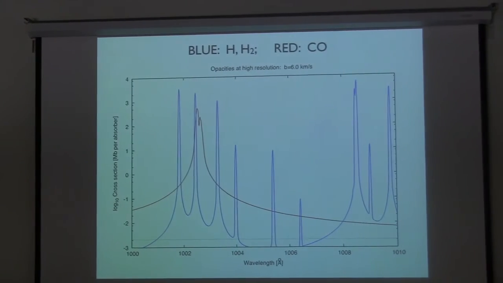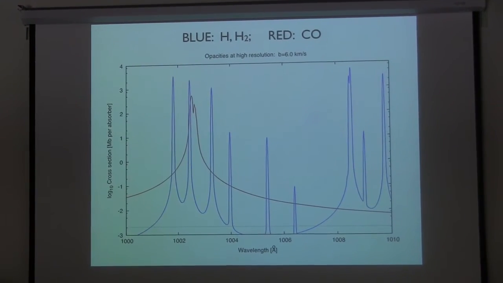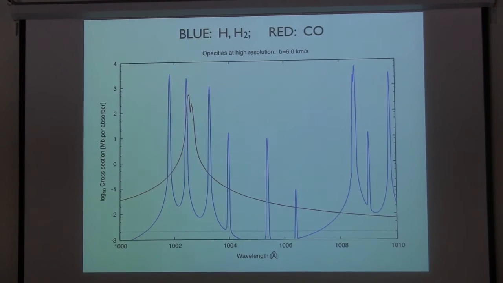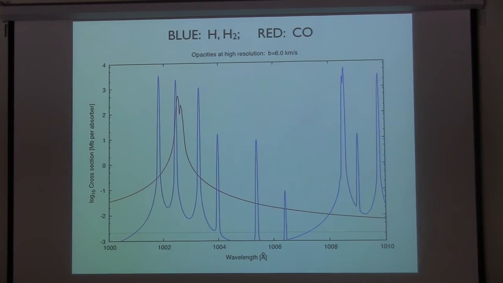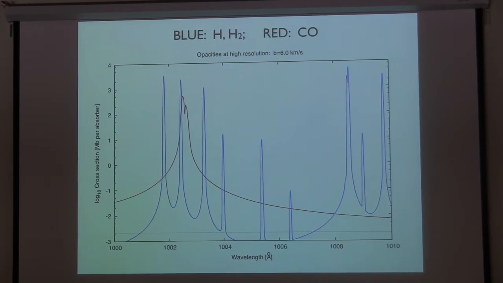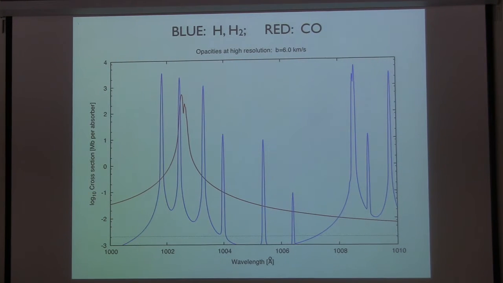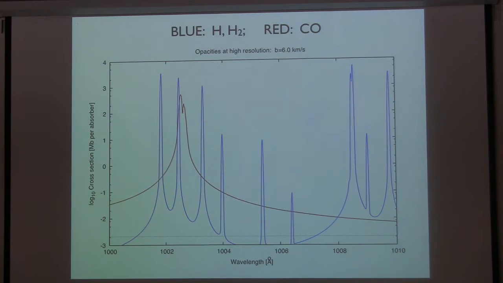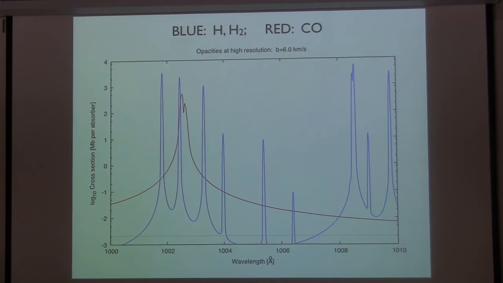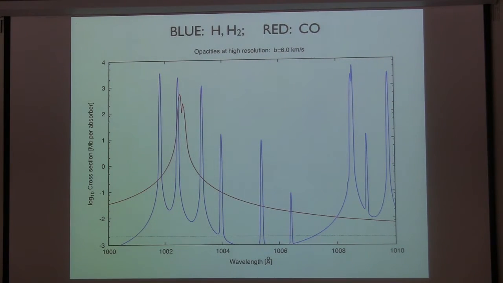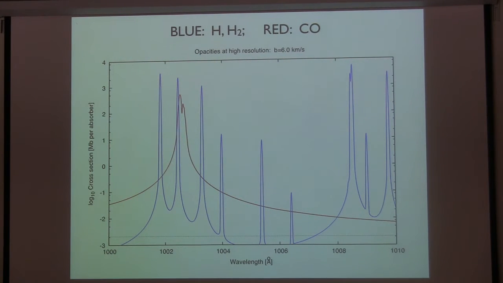Okay, now I had shown this one previously. This is just the absorption cross-sections for two molecules, hydrogen and carbon monoxide, as a function of wavelength in the far ultraviolet. And this is important for understanding how both H2 and carbon monoxide are dissociated by ultraviolet starlight.